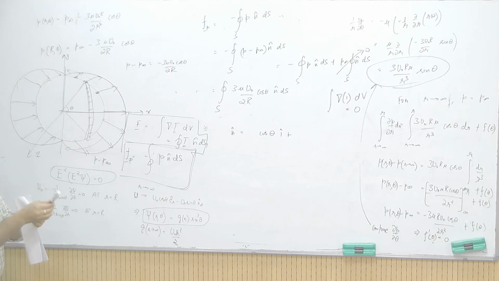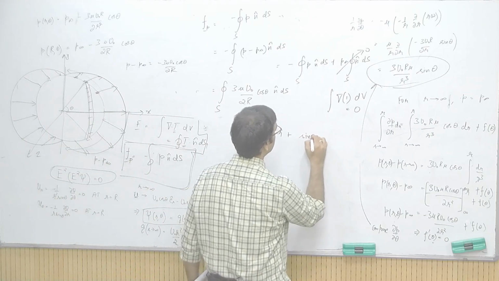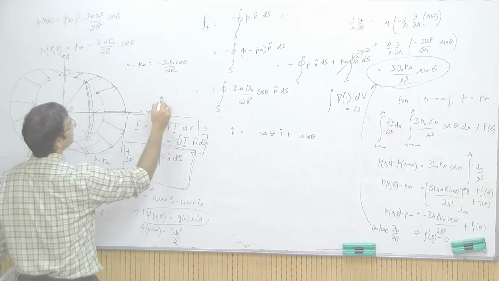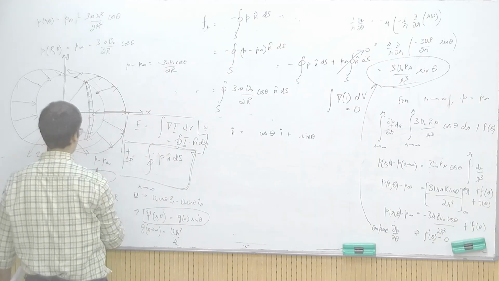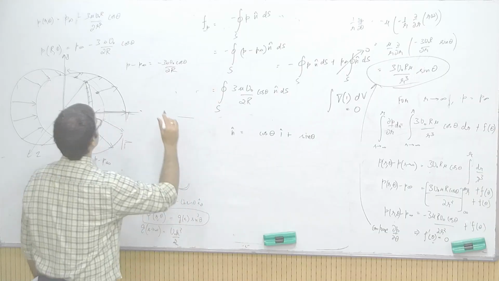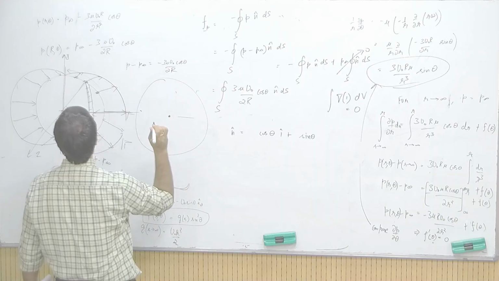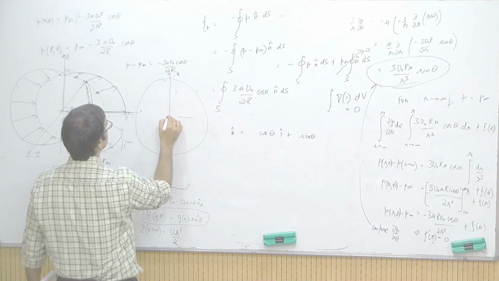So there is cos theta in I cap, then we take a sin theta in the j cap or k cap plane. Depends on how you take the angle. Let us say I am viewing from this side and this is your ring, and coming out is the x direction, and then we have y and z.